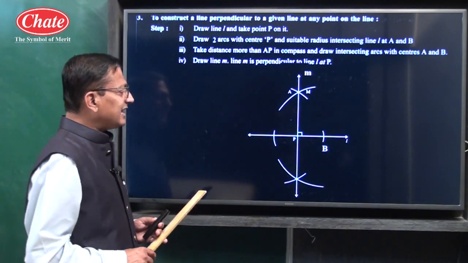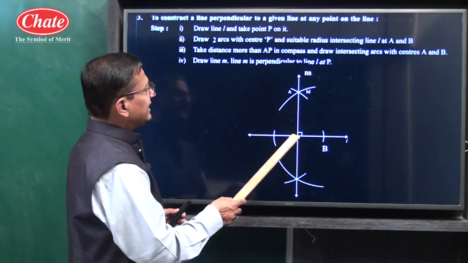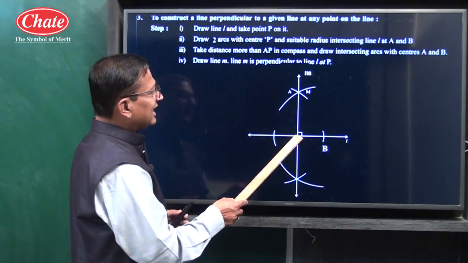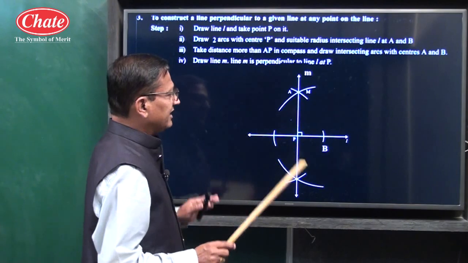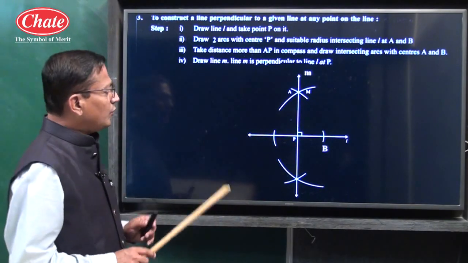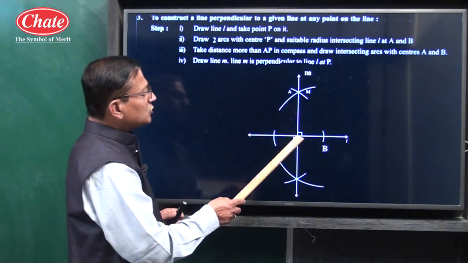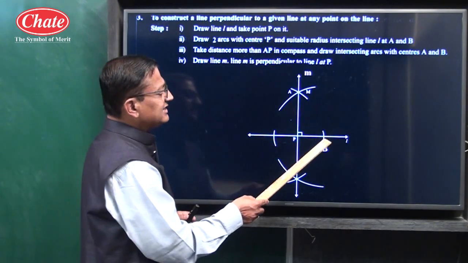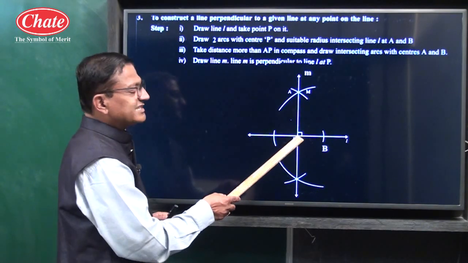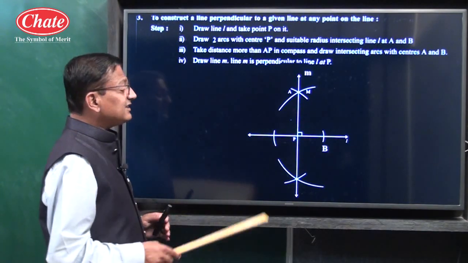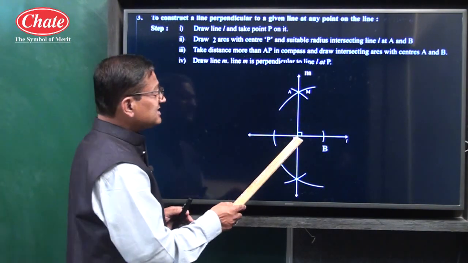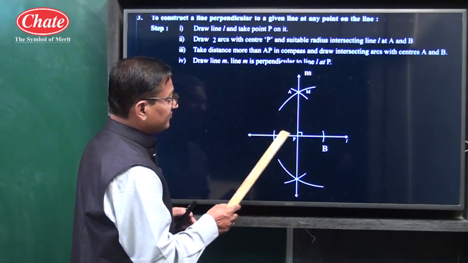Take a distance more than AP in the compass and draw intersecting arcs with center A and center B. For that, first we take the compass and draw 2 arcs, this arc and this arc, with center P. After that, take a distance more than this.